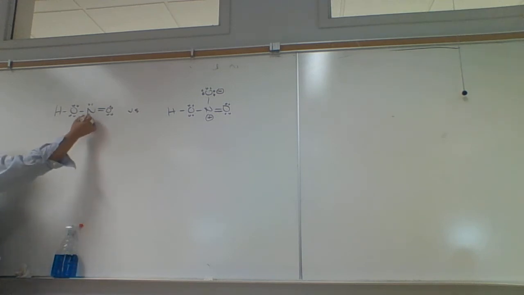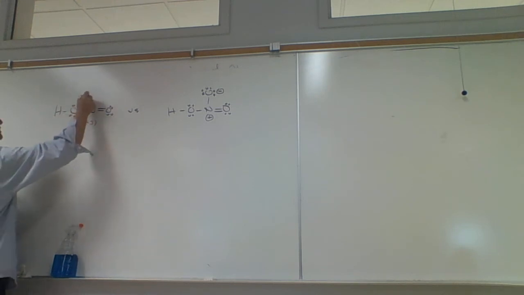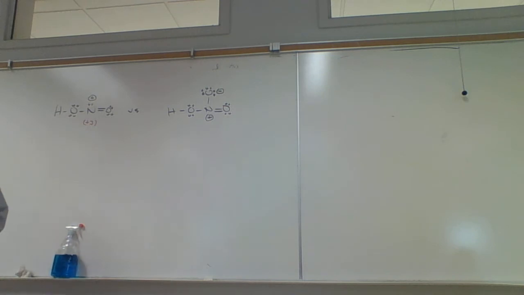In other words, you assume winner takes all, so this ends up being +3. And so the formal charge is 0. The oxidation state is +3. You see, those are the two extremes in charge. It could be 0 or it could be +3.